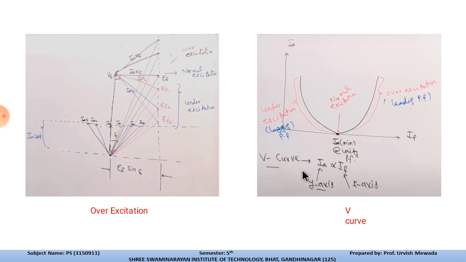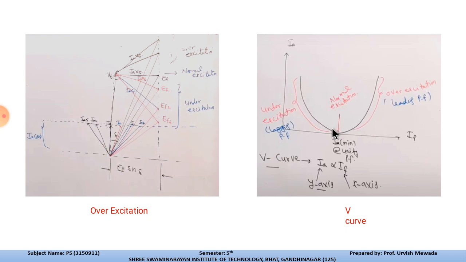So for different values of the field current, we have the value of the armature current. In the under excitation mode, the armature current is quite high, and as we increase the field current toward the normal excitation mode, the armature current gradually reduces. Up to a certain value of the field current, the armature current required will be minimal.